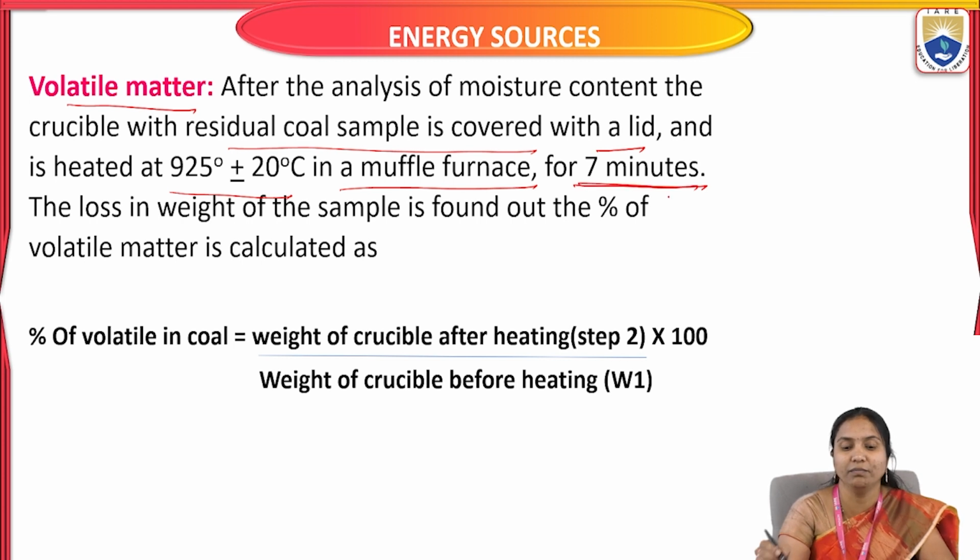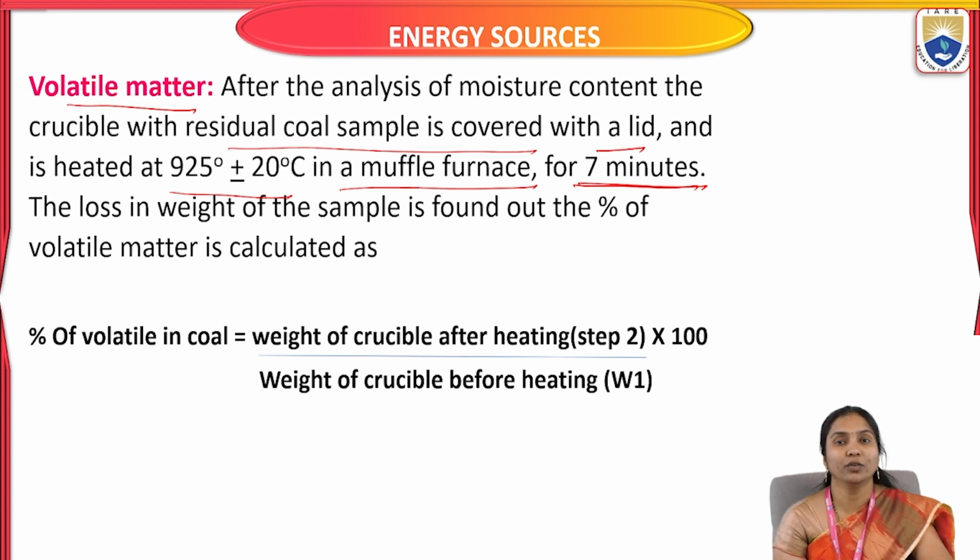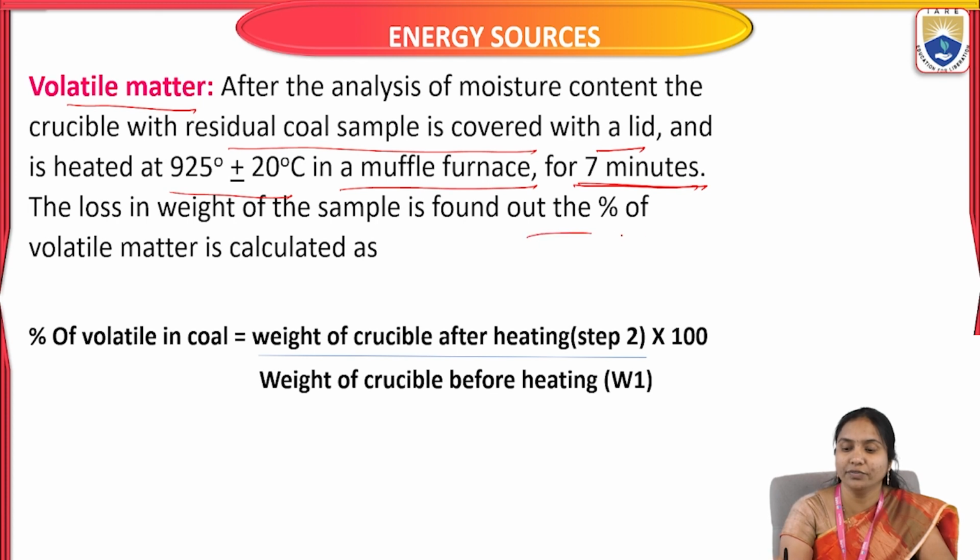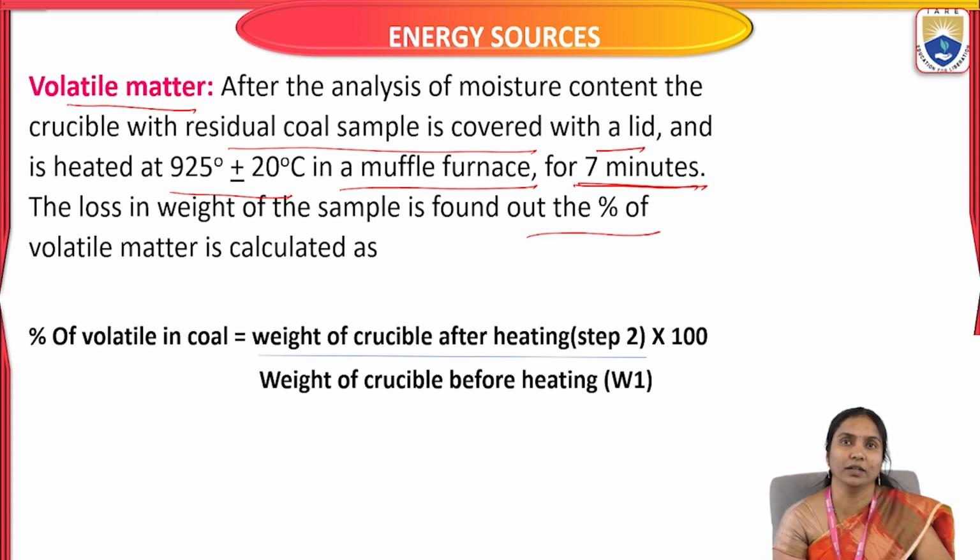Here, what we observe is the loss in weight of the sample. The loss in weight of the coal sample is expressed as the percentage of volatile matter present in the coal sample.